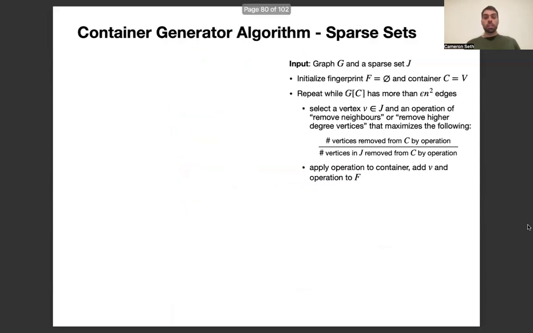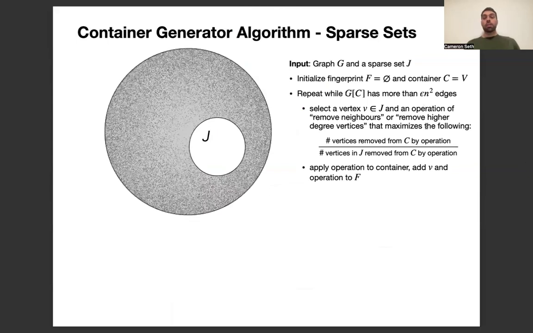Again, we can repeat this type of argument. I've written out the algorithm here, but roughly it's the same type of thing where we just want to repeat this. One point to note is that what we're going to be repeating is picking a vertex and an operation that maximizes the ratio of the number of vertices removed from the container divided by the number of vertices removed inside J. In other words, we want to minimize the number of vertices removed from our sparse set while maximizing the number of vertices from the container that are removed.